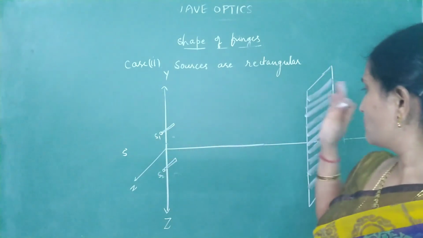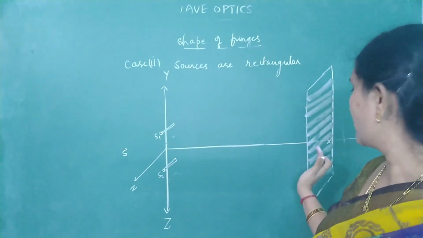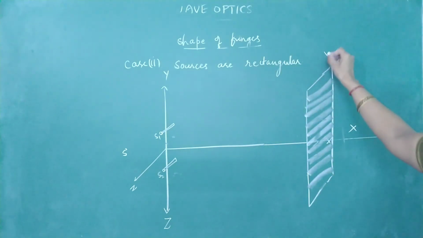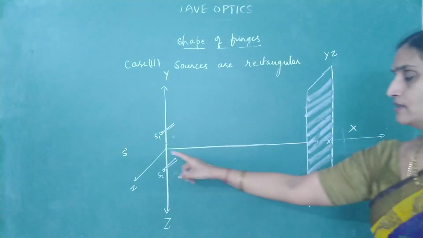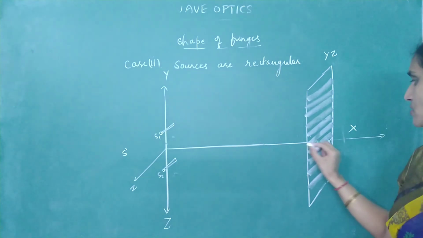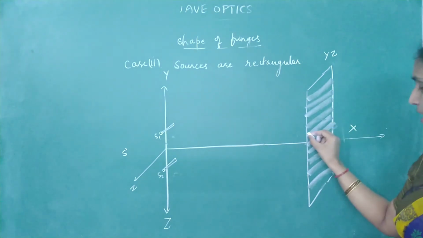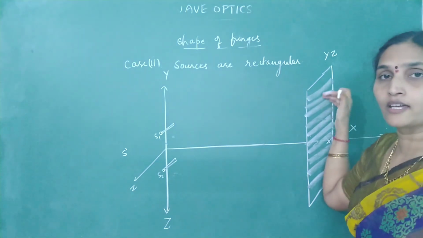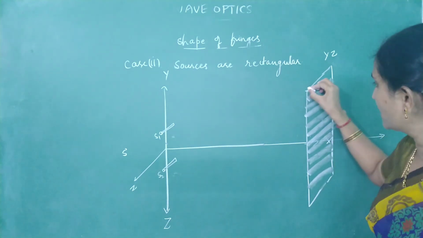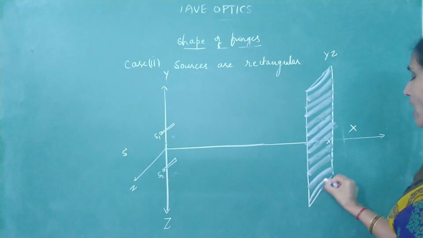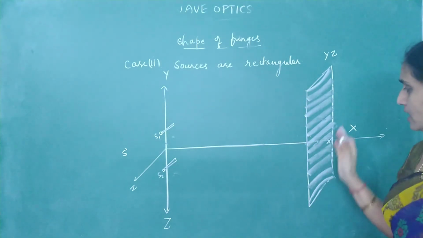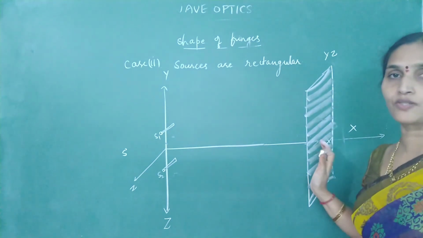In such a case, when you keep the screen perpendicular to the x-axis, that is in the yz plane, we have observed that the central fringe is straight. The remaining fringes are almost straight. But if you go for higher and higher orders, they may become slightly hyperbolic. So higher order fringes will slowly bend to a hyperbolic shape. But in general, the fringes are straight lines.